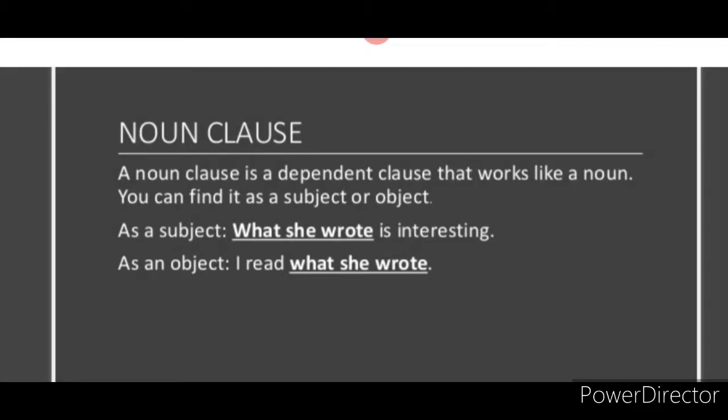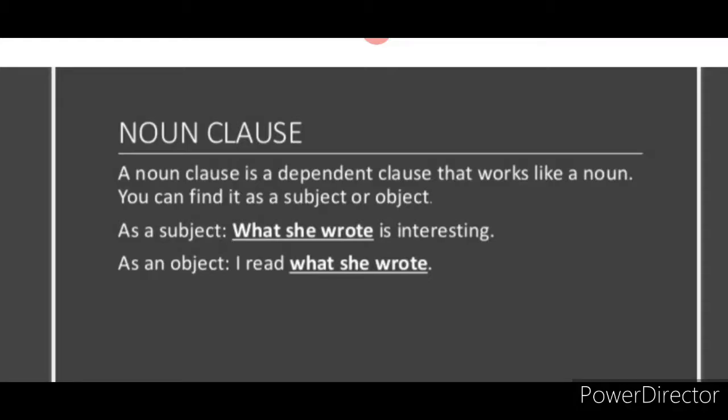Okay children, yes, so I hope you have understood what is clause. Clause is a group of words which has both subject and predicate. This clause is divided into two types, independent clause and dependent clause. Independent clauses are also known as main clauses and they give you a complete sentence. They can stand alone and express a complete thought and they have a subject and verb.